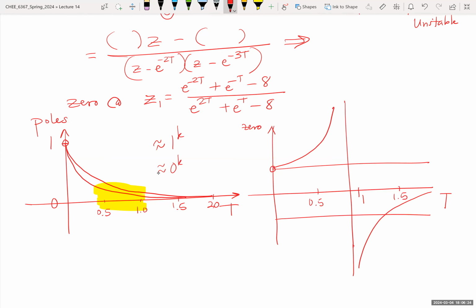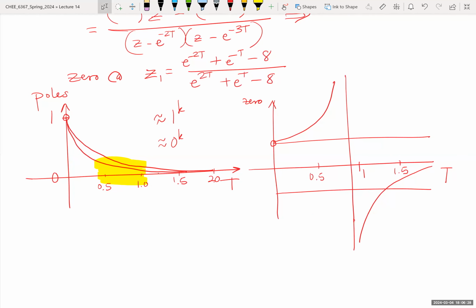So if I try to design controllers for sampling periods in this range, or all sampling periods in this range, let's say that t is equal to 1. Let's try to do this.